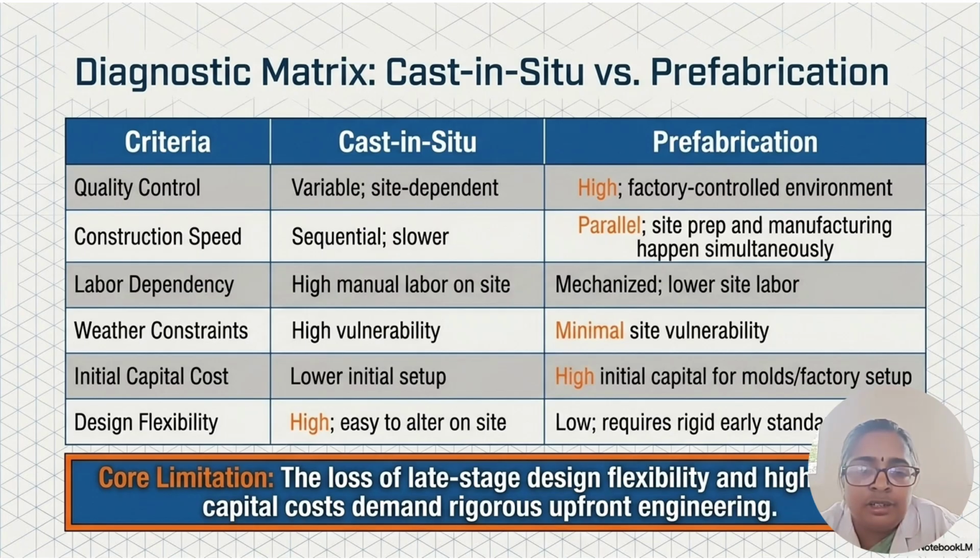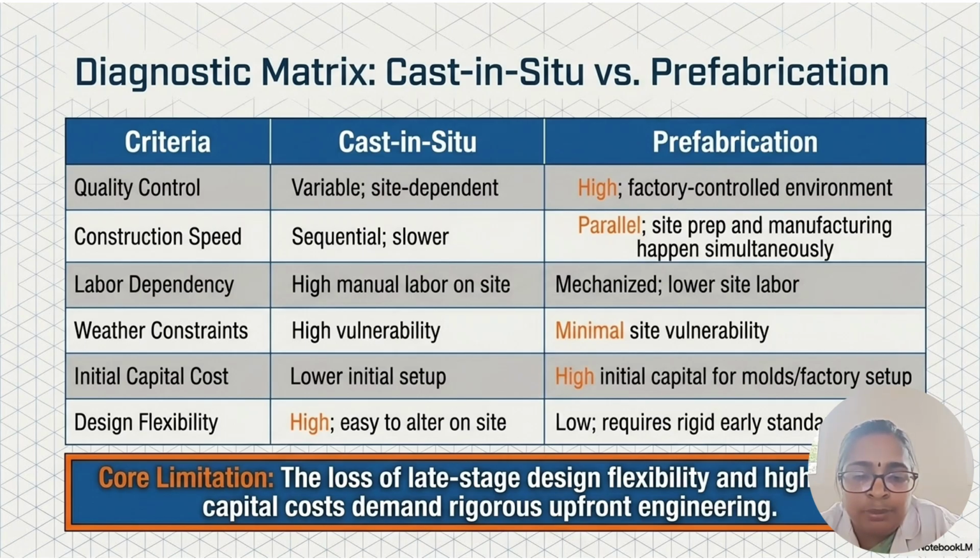So this slide lists the differences between cast in situ and prefabrication. In case of quality control, it is variable and site dependent in cast in situ, and in case of prefabrication, it is high, in a factory controlled environment. In construction speed, prefabrication is parallel, that is, site preparation and manufacturing can happen simultaneously, but in case of cast in situ it is lower.